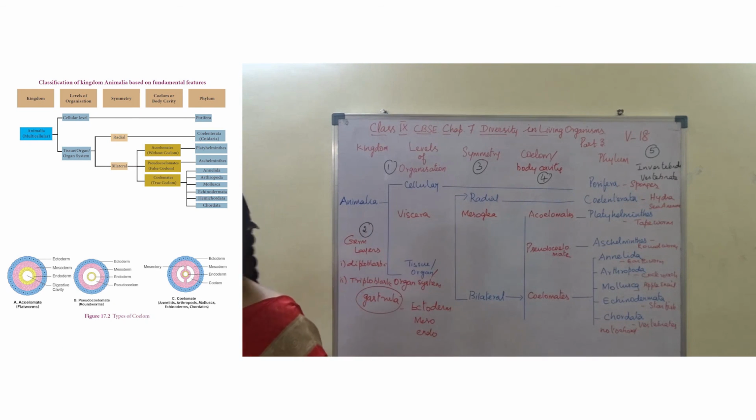Go through the chart for a second. This is about kingdom Animalia: level of organization, germ layers, symmetry, coelom or body cavity, vertebrate or invertebrate, and then classification into different phyla.